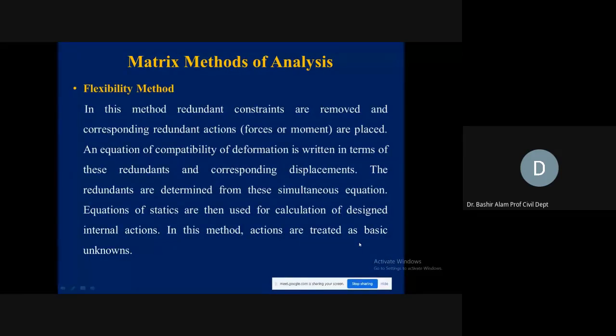In these simultaneous equations we have four parameters: DRS, DRL, F, and AR. F, DRS and DRL you can find out from the given conditions, and then the only unknown is the AR. So this way you can find AR by solution of these simultaneous equations. Once we find this, we can find the member end actions from the equations.